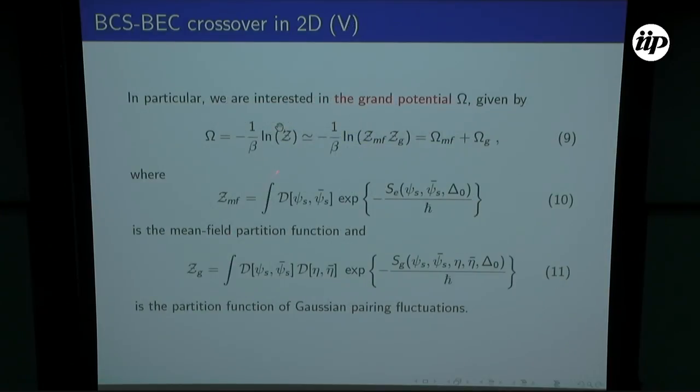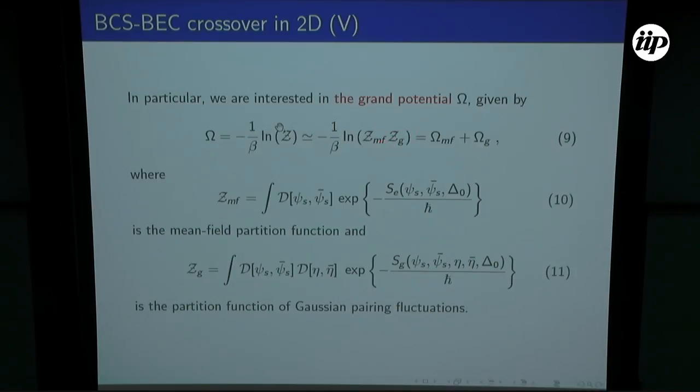Doing so, from the exact partition function, capital Z, you will find a partition function that is the product of the mean field partition function times a contribution due to these etas. And that is the Gaussian fluctuation.